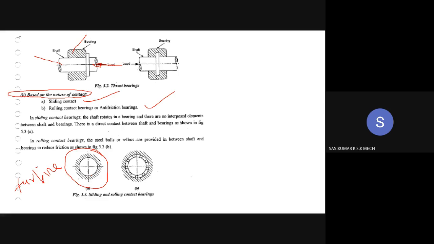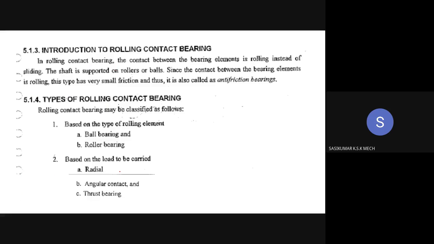As the name indicates, the contact between the rotating and stationary elements is sliding in nature. Whereas in the second category, it is by means of a point contact. In between the stationary and rotating element, you have balls. Balls will have point contact with both. So this classification is based on the nature of contact.